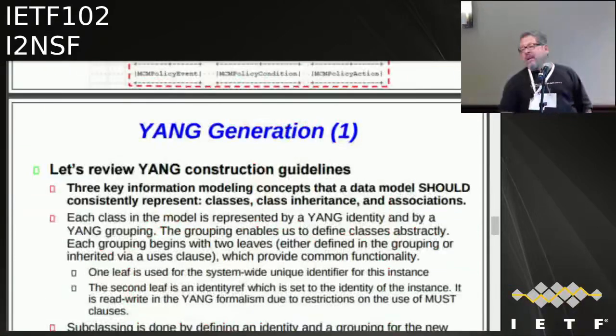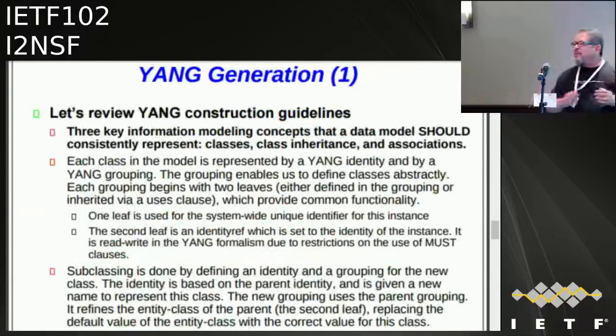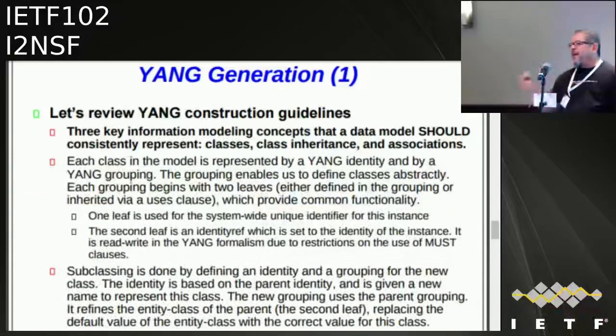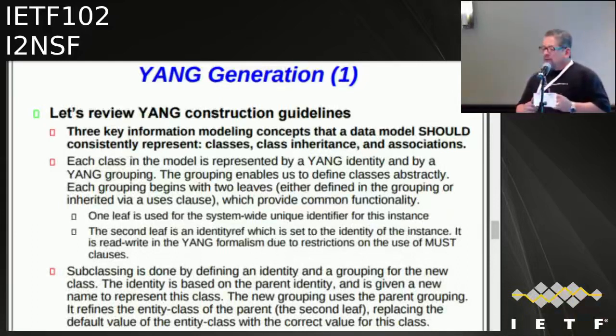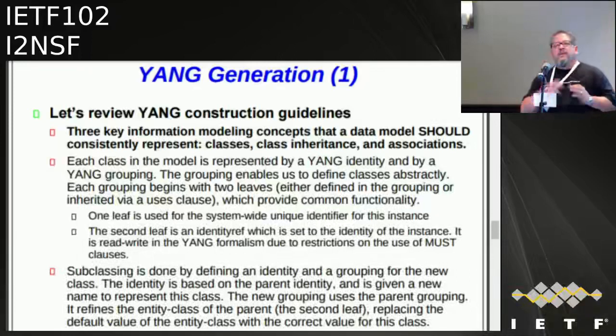Okay, so now the Yang. For me, as an object-oriented guy, there are three important things that an object-oriented model must provide. One is the concept of class. Two is the concept of inheritance or subclassing, if you will. And three is relationships. Now, Yang cannot really differentiate between an association, an aggregation, and a composition.